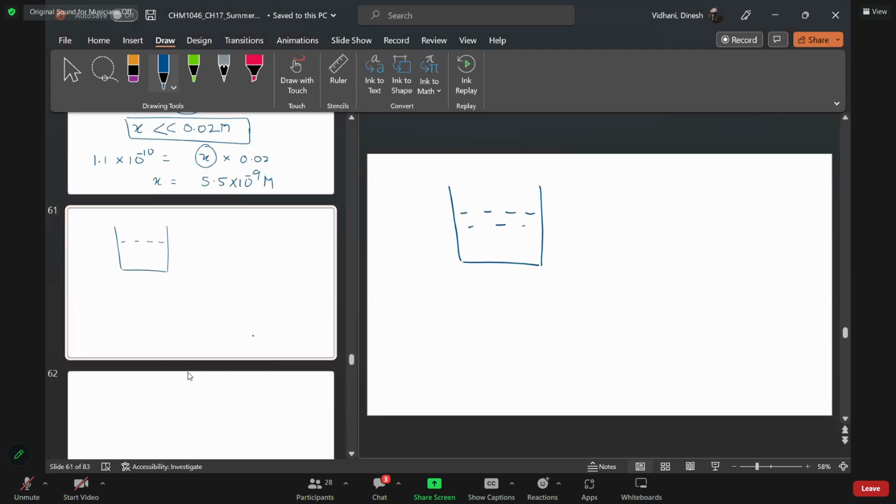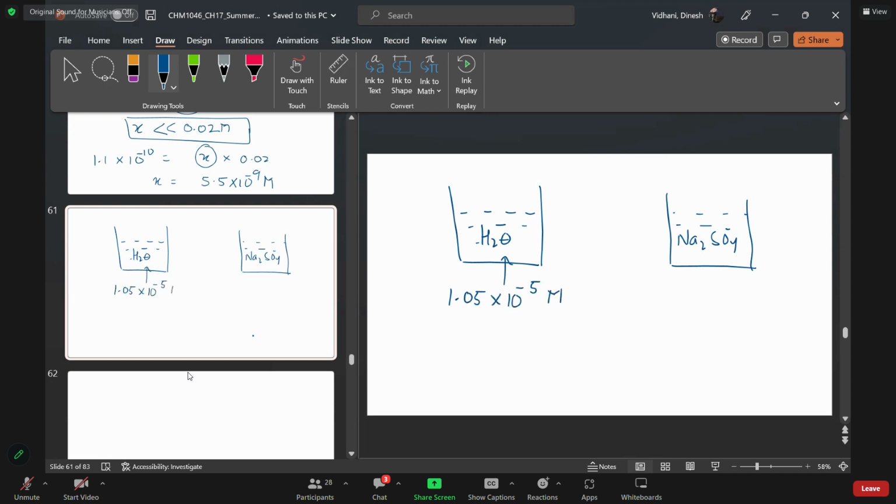So suppose this is water. This is sodium sulfate solution. In water, you calculated the concentration of barium ions, which was 10 to the power negative 5. In case of sodium sulfate, you calculated it was 5.5, 10 to the power negative 9.